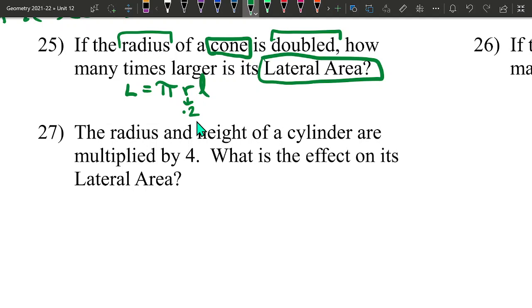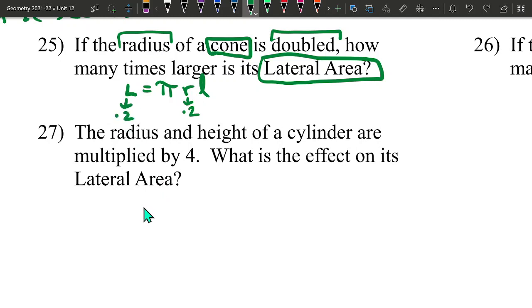Well, this is an equation, right? And the deal with equations, like when you solve an equation for a missing variable, if you do something to one side of the equal sign, you have to do the same thing to the other side to keep it equal, right? Otherwise it's not equal. Like right now, that's not equal. So how would we make it equal? If we multiply the right side times 2, that means I have to multiply the left side times 2 to keep it equal.